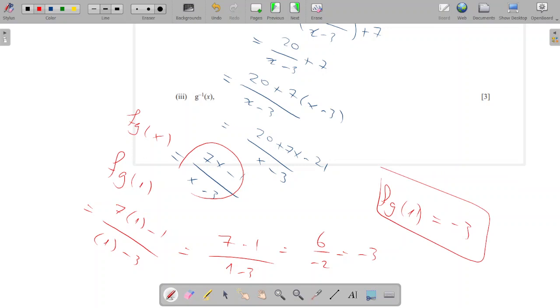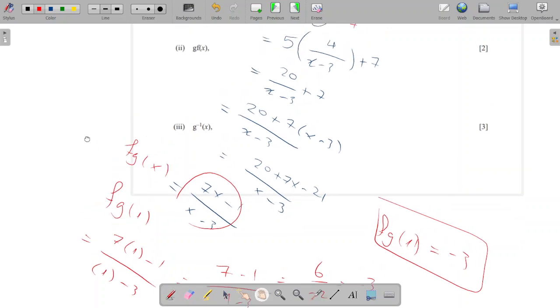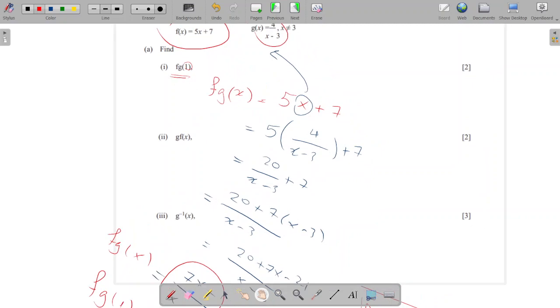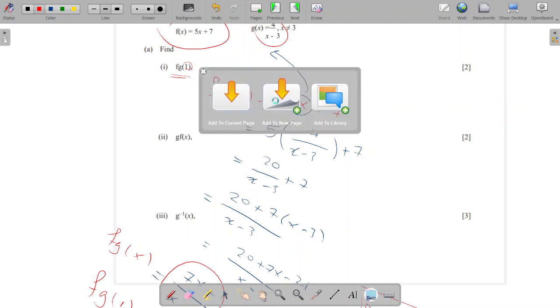Okay, now let's get back to the other part of the solution. He wanted to know the gf(x) now. So the gf(x), I'm going to put that in a separate page so you can follow up with me easily.